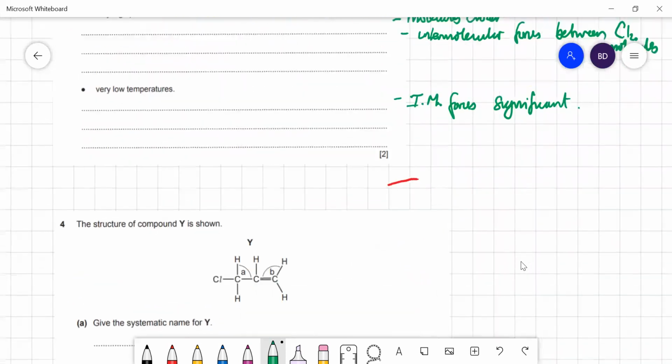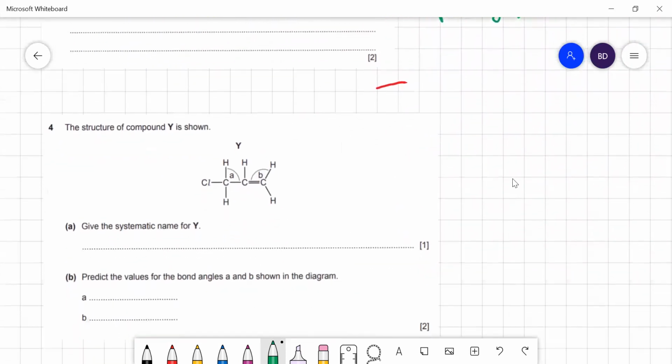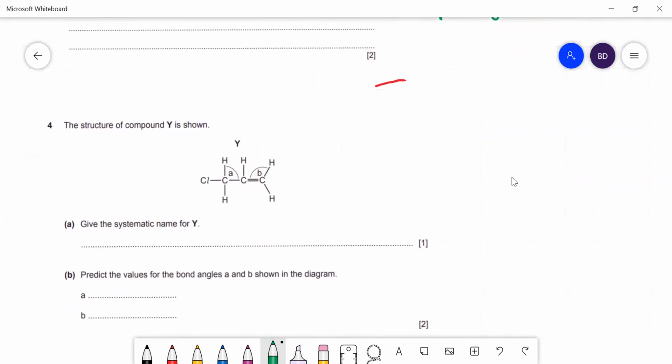Okay, onto organic chemistry. Right, we've got Y. Give us a systematic name for Y. Well, we have got 3 carbons, 1, 2, 3. So we would call that propene, isn't it? But we would call it 3-chloro-prop-1-ene.